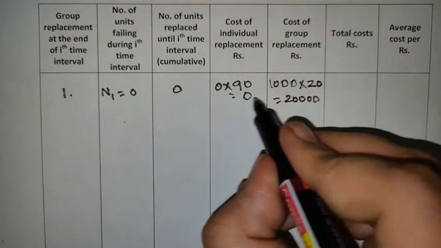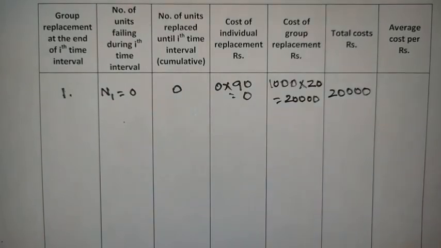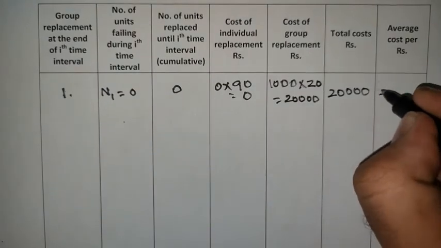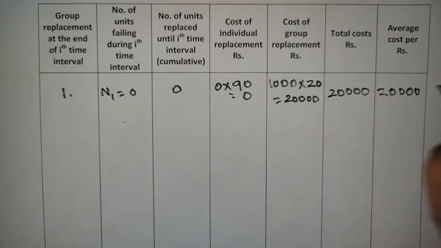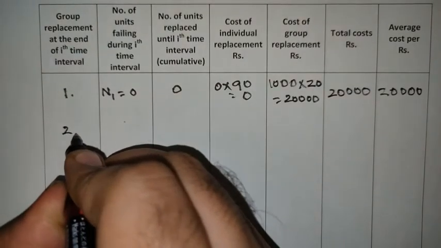Total cost equals 0 plus 20,000, so we get 20,000. The average cost is 20,000 by 1, which is 20,000.